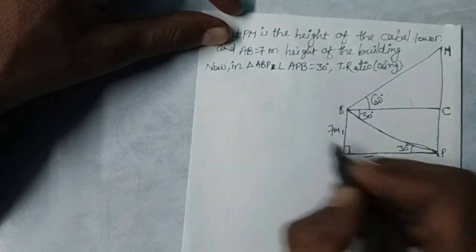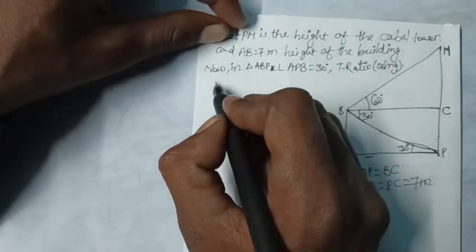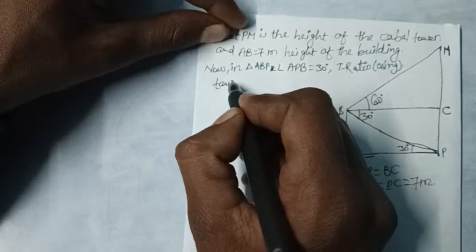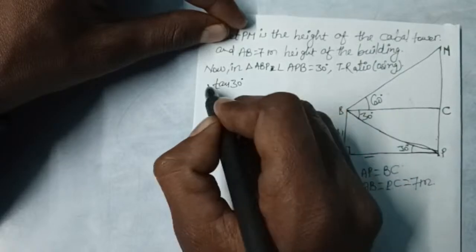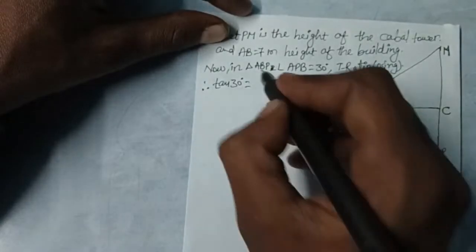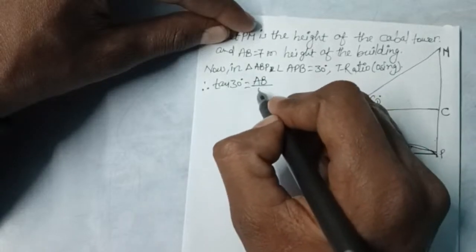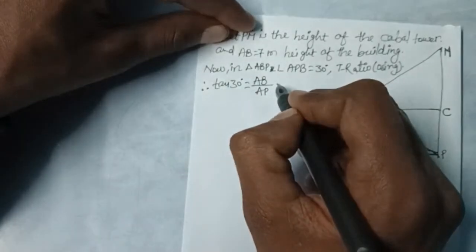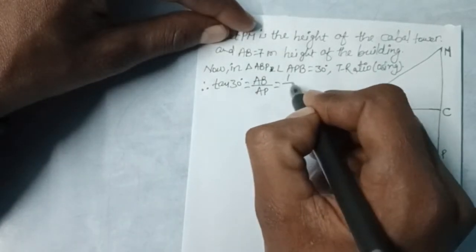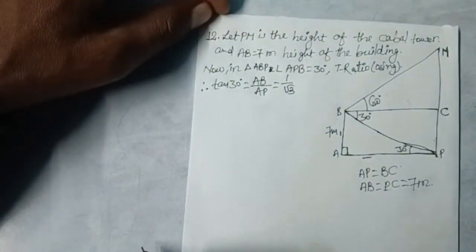Therefore tan 30 degrees, because tan is p by b, that is AB upon AP, and this is equal to 1 by root 3, because tan 30 is always 1 by root 3.